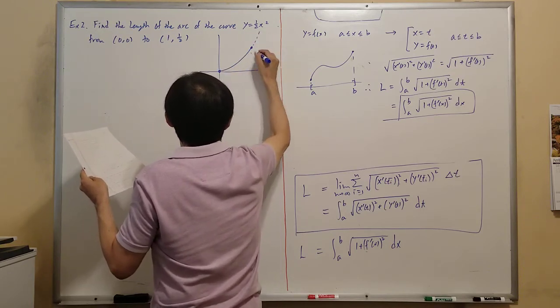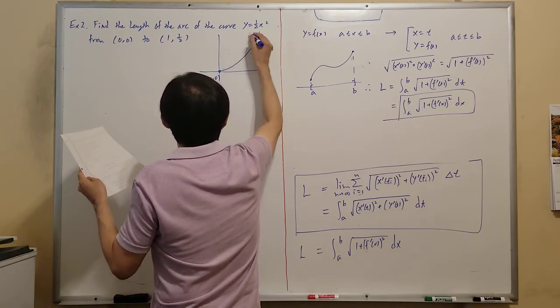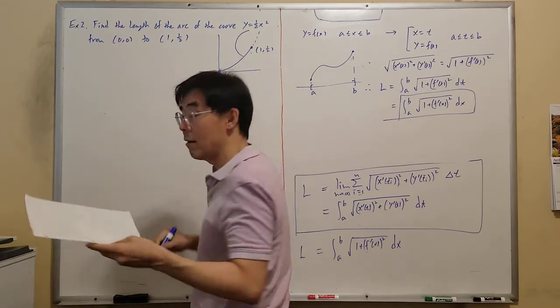This is part of the parabola, from (0, 0) to (1, 1/2), part of the graph y equals 1/2 x squared.